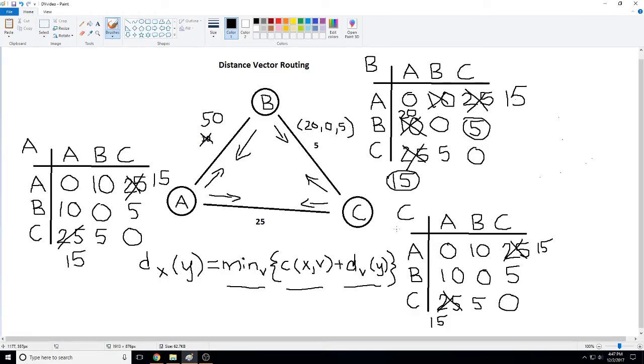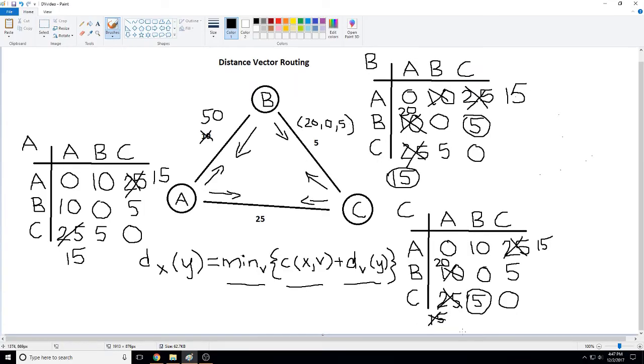Now node C will update its routing table. Node C knows it can get to node B with a cost of 5. And node C thinks B can get to node A with a cost of 20. Therefore, C thinks it can get to A with a cost of 25.